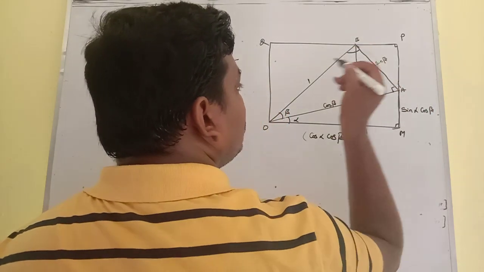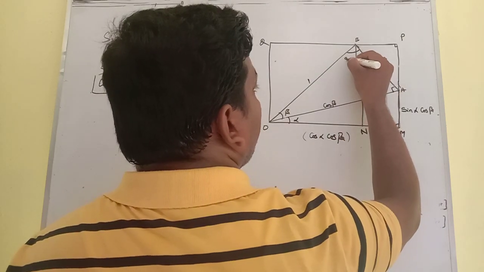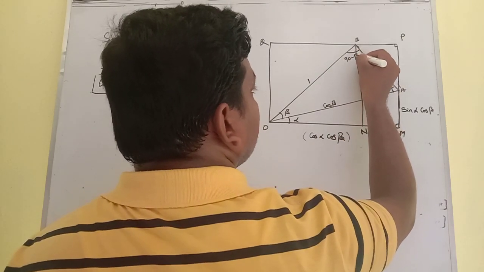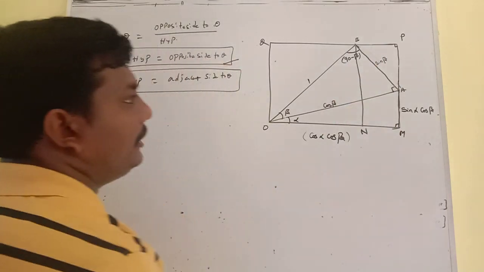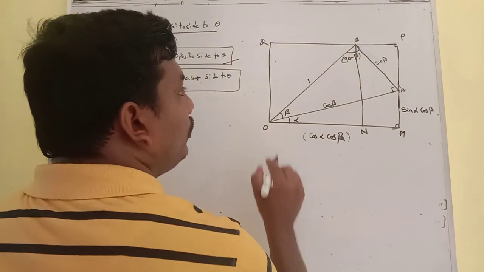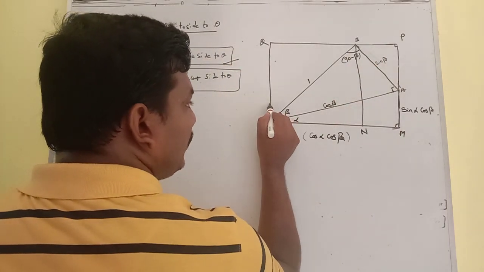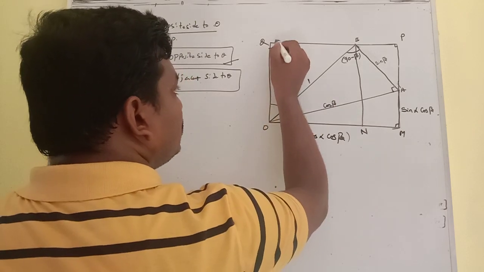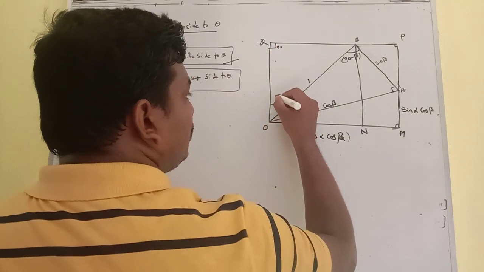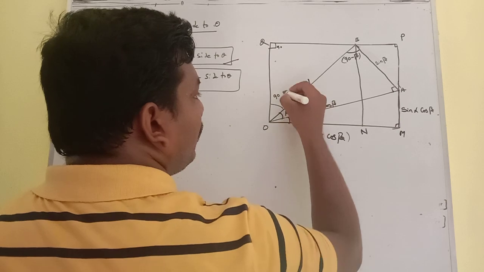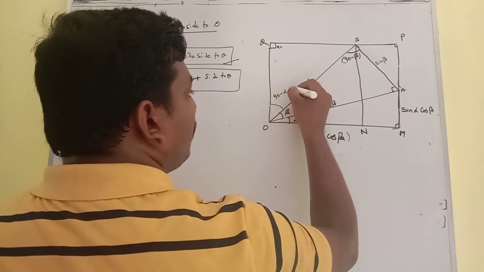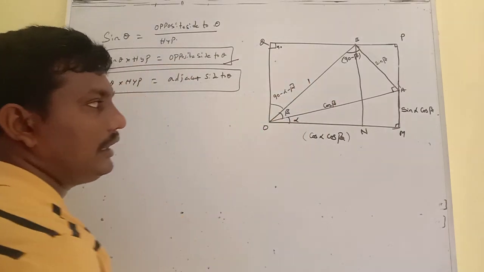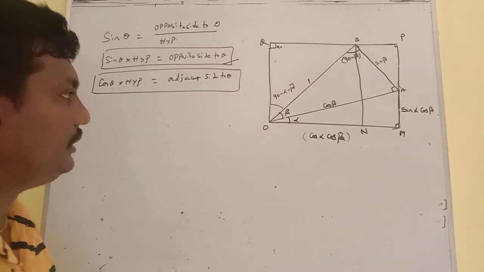This angle is 90 minus beta. Okay. Now what is this angle? This is 90 degrees. This is 90 minus alpha minus beta.